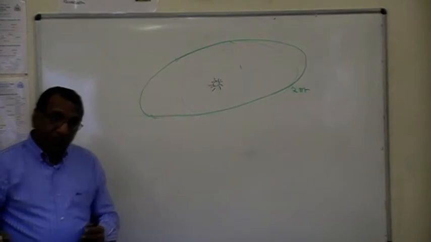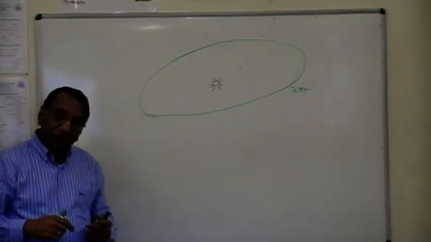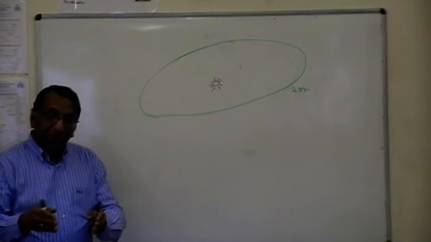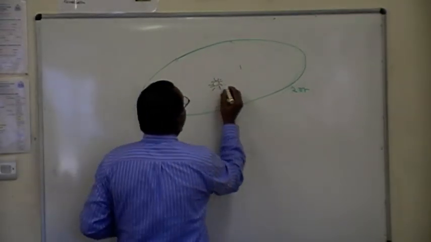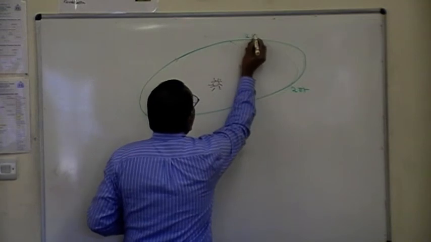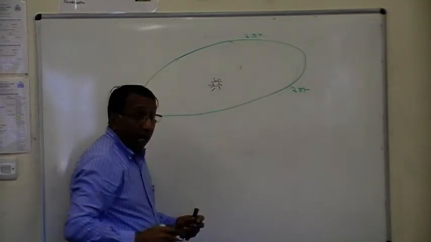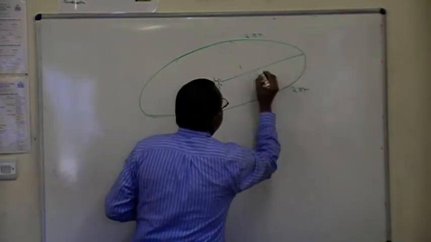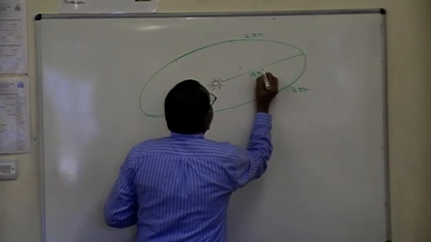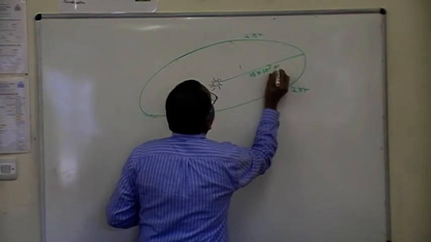That calculation comes in Kepler's law, how much it moves in a particular time. So we can calculate 2 pi r, but how? Do you know the r? It is 15 times 10 raised to 7 kilometer.